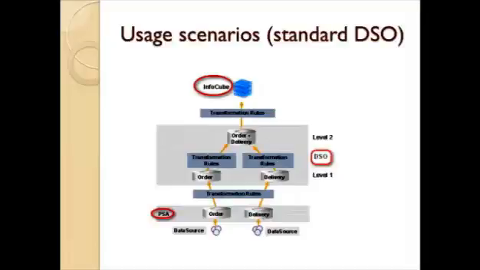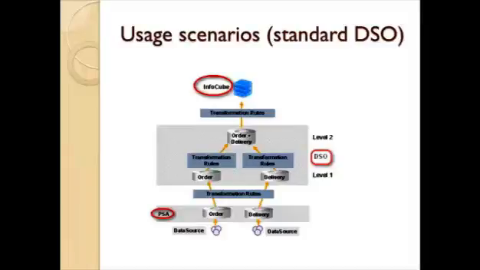Next, usage scenarios. When do we use a standard DSO, for instance? As illustrated in this diagram, standard DSOs are normally used as data storage when we load data from outside sources into the data warehouse. When we have data coming in from some data source, normally data is stored in the PSA first, the persistent staging area.